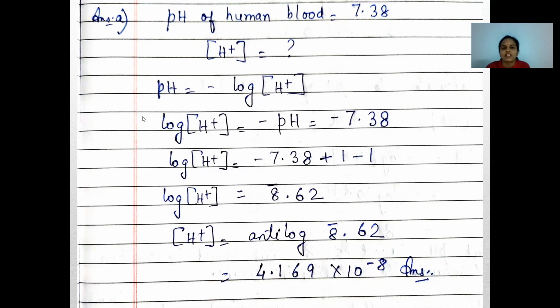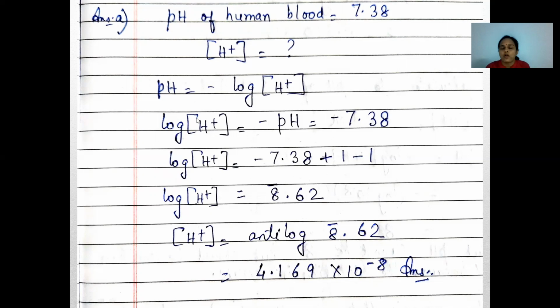So bring this log H plus to the left hand side, it becomes log H plus, and this negative sign is carried to the right hand side, is equal to minus pH. So this is equal to minus 7.38. So in the question, log H plus is equal to minus 7.38.